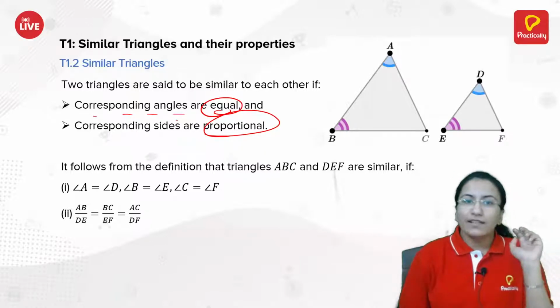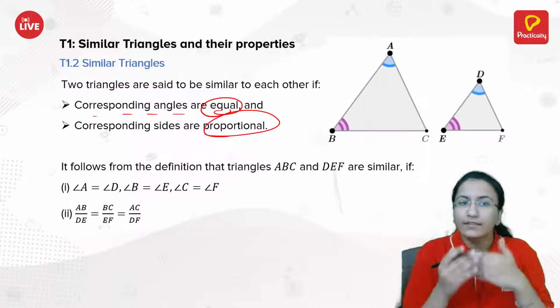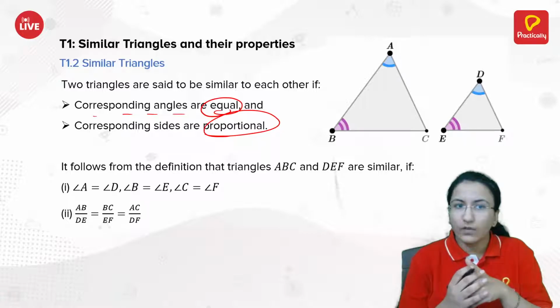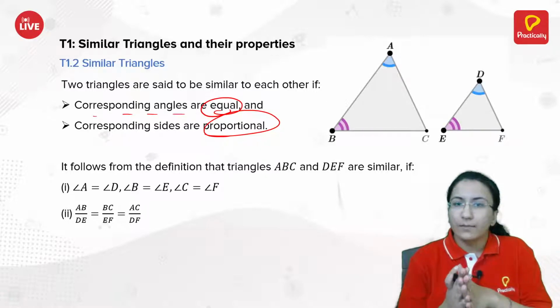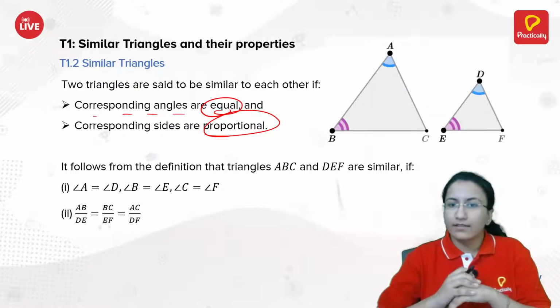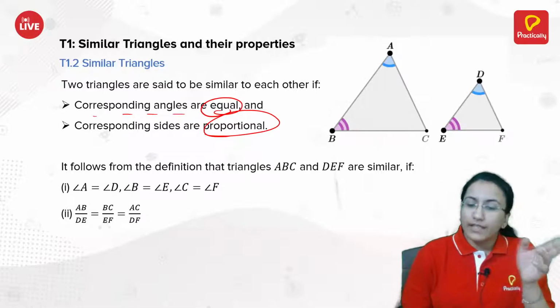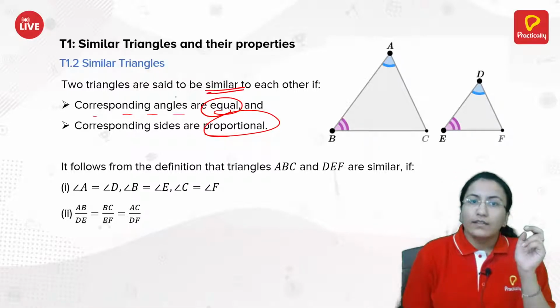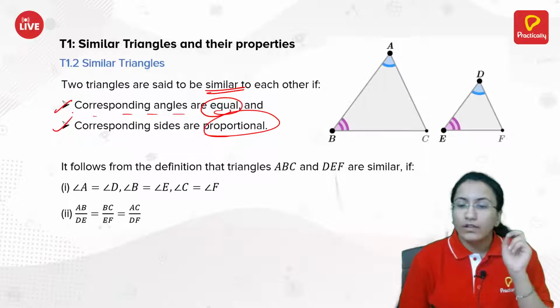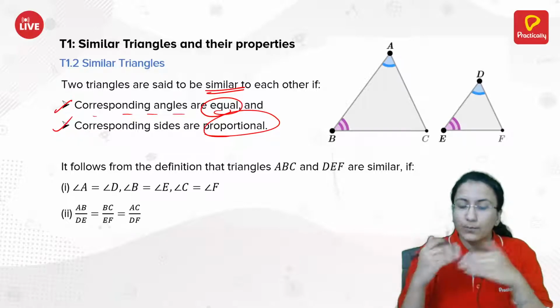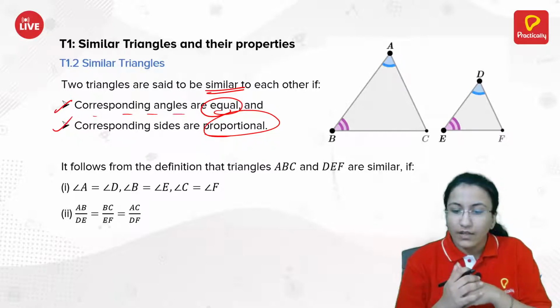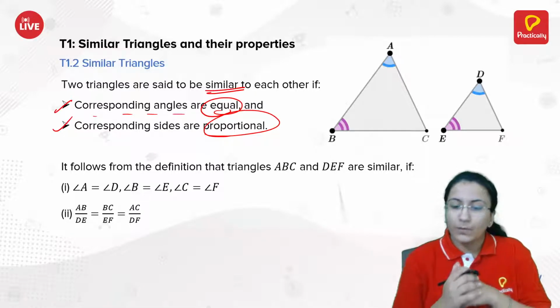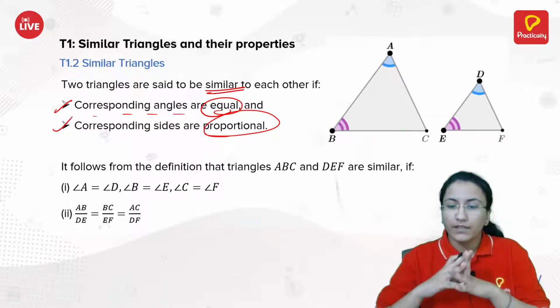If either the corresponding angles are equal or the corresponding sides are proportional, then we say that triangles are similar. And if we say that triangles are similar, then both of these hold true. This is a both-way condition, right? So yeah, Manoj, a polygon is a closed figure with any number of sides you can have.